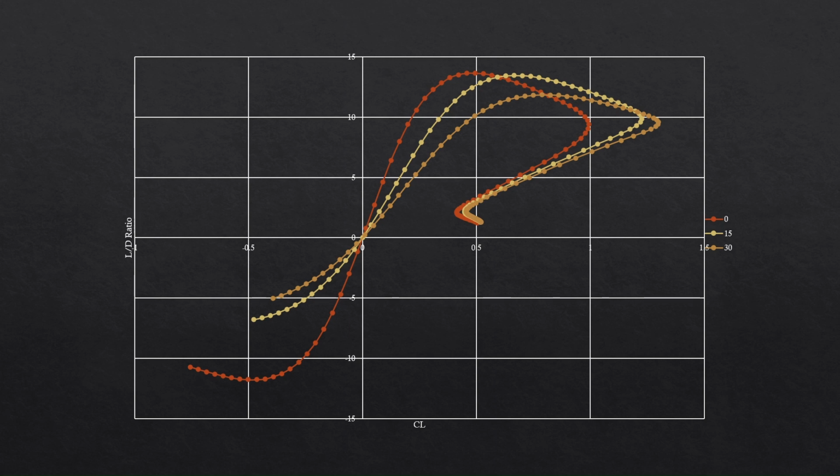And now again, with the lift to drag ratio, as we increase our flaps, it seems that there's a much larger range of lift to drag ratio in the positive CL in comparison to the negative CL, whereas with the 0 it's very balanced, and the maximum seems to increase further from around 0.4 to about 0.7, to a much higher amount.